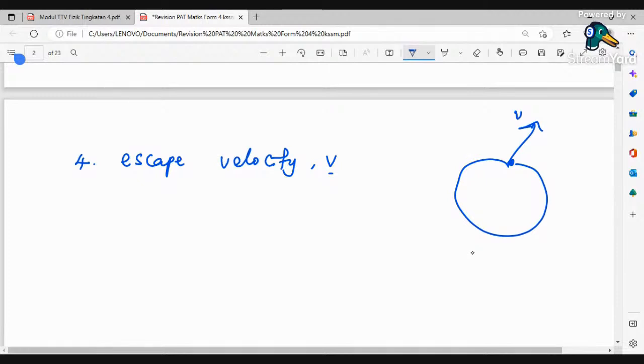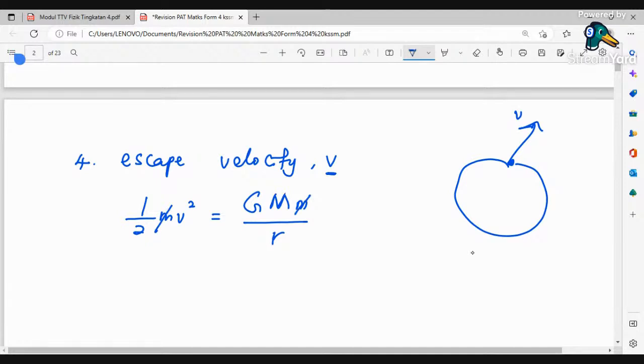So we need to reach this minimum value of speed in order for the satellite to escape from the gravitational force of Earth and then be able to reach a certain orbit and orbit there. We call it escape velocity. Escape velocity is based on the principle of conservation of energy, where the kinetic energy of the satellite equals the potential energy.